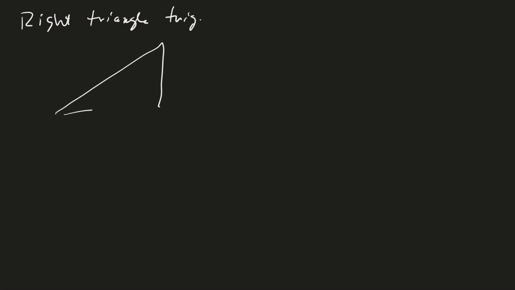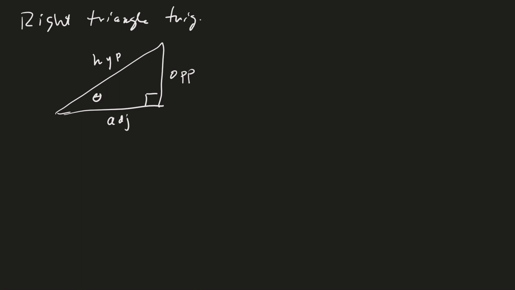So given a right triangle here, let's say this is the angle theta, this would be the side adjacent, this would be the side opposite, and this would be the hypotenuse. Okay, and so the trigonometric functions represent ratios of the three sides of the triangle.